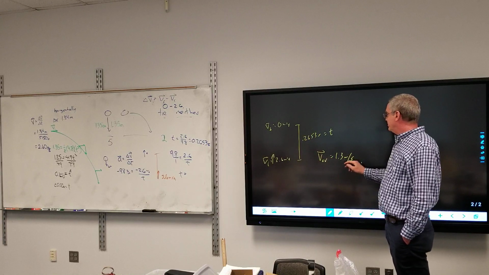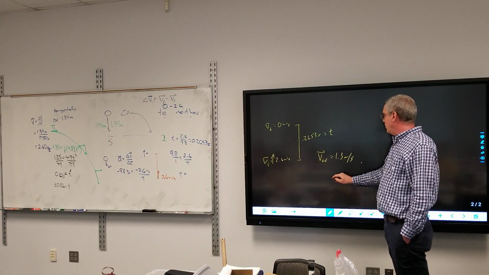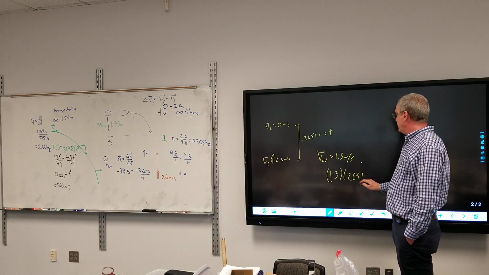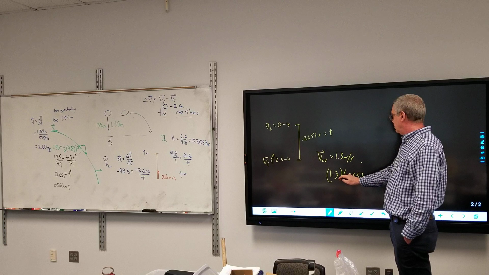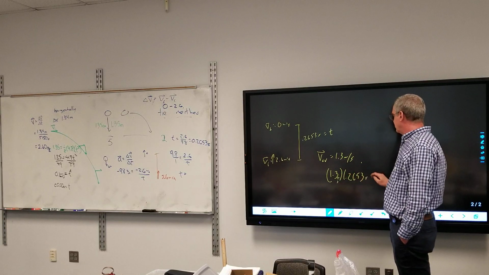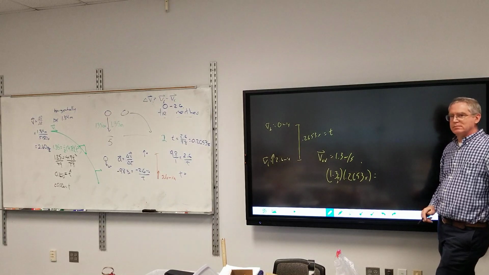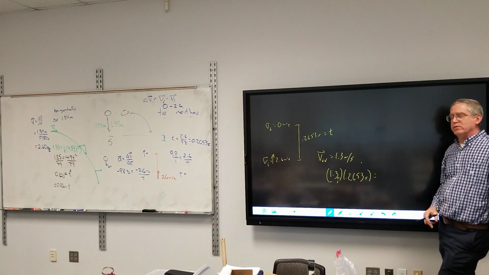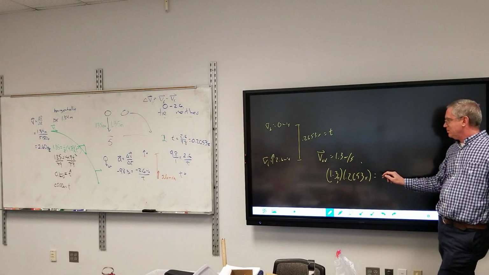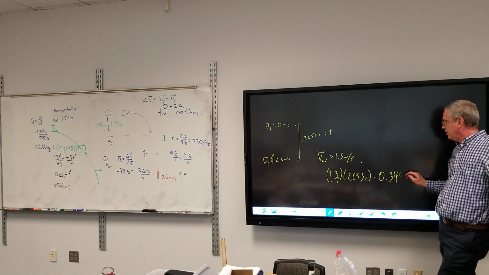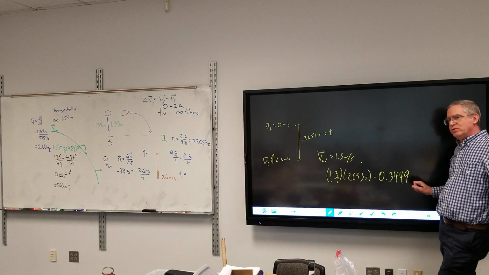And then we multiply that times the time, so 1.3 times 0.2653 meters per second in seconds. And what do we end up with? A calculator would be easier on this one. 0.3449. Yep. Units.